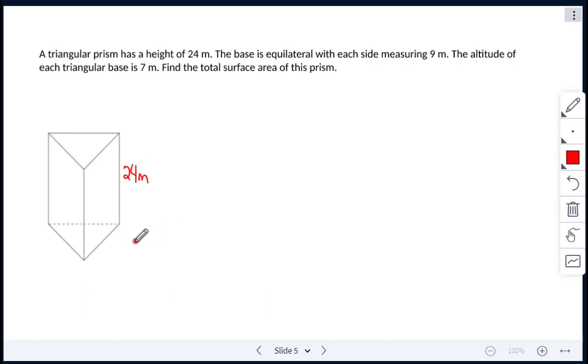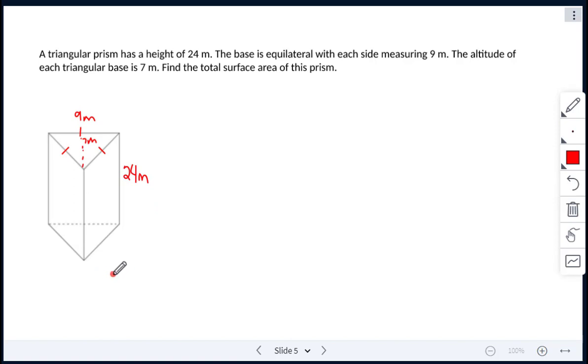The base is equilateral, each side measuring 9 meters. And then the altitude of each triangular base is 7 meters.